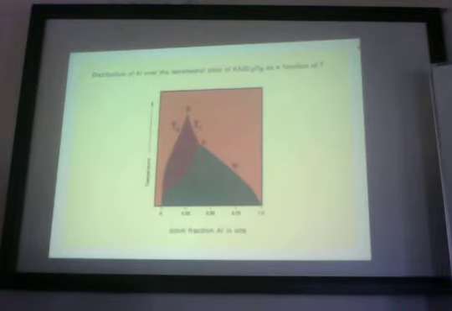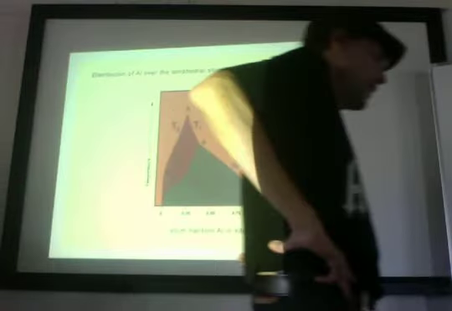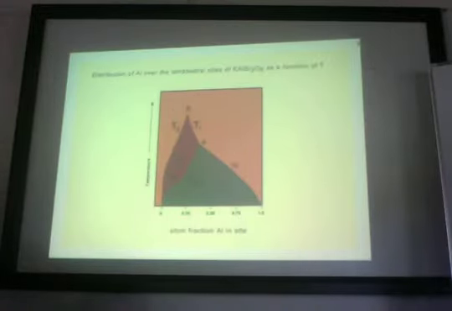Of course, here we have the distribution of aluminium on the tetrahedron sites in the feldspars, and the distribution of the aluminium over the T1 and T2 space varies with the temperature.